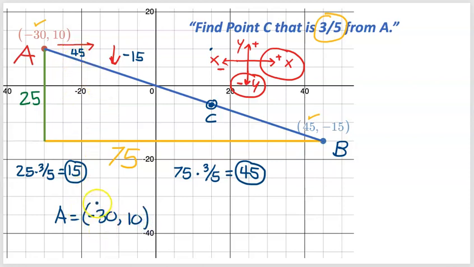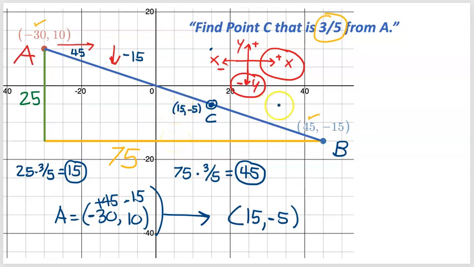Plus 45 to x, and then minus 15 to y. This right here should give us point C. Point C is going to be at positive 15, -5. And there it is. Positive 15, -5. So C is at (15, -5).